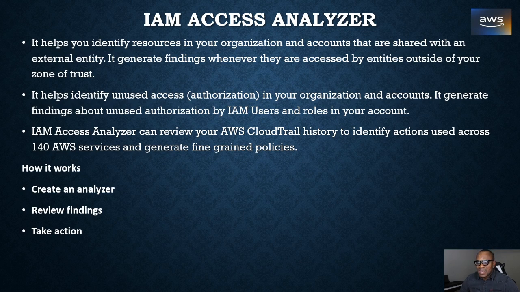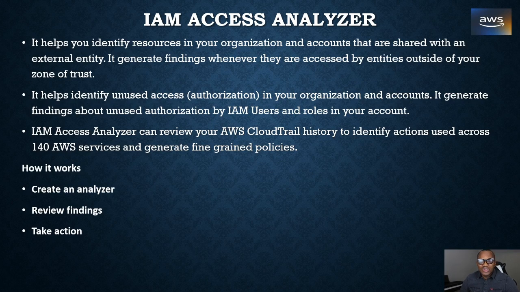And how does it work? How Access Analyzer works is that you go to your AWS console, you go to IAM, and you go to Access Analyzer, and you create an Access Analyzer. You can create two Access Analyzers. You can either create the one for external access or create the one for IAM roles and users. And you can create both.